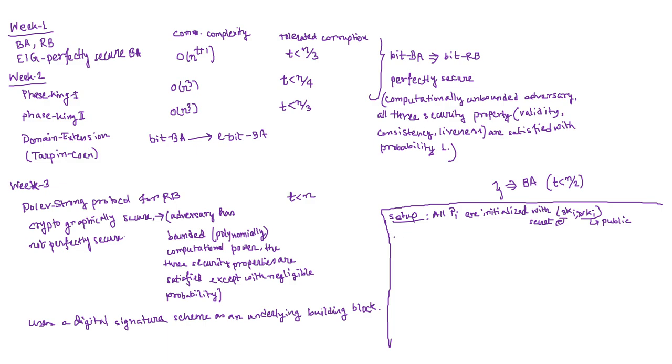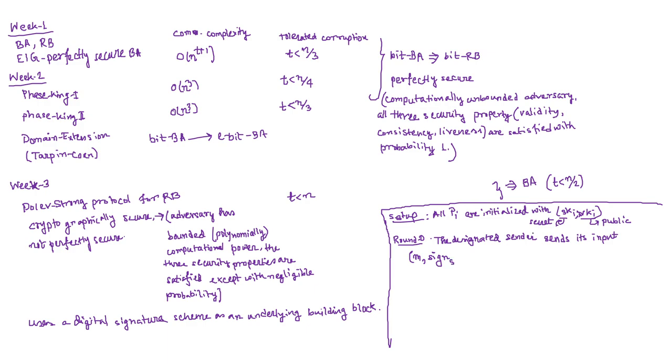Now in round 0, the designated sender sends its input M and its own signature.